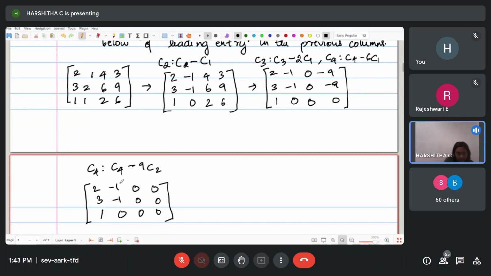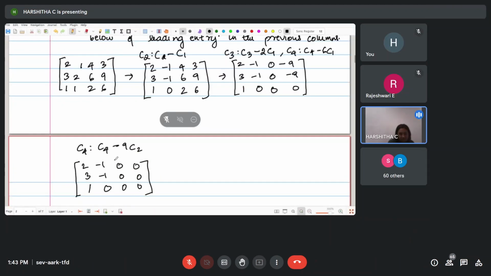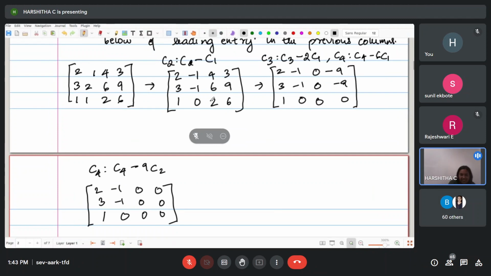And finally, since we want the leading entry to be below, this is also fine actually. If you look at it from down, the non-zero entry is coming in steps. But since I've written it the other way, we'll just do C2 plus half C1.